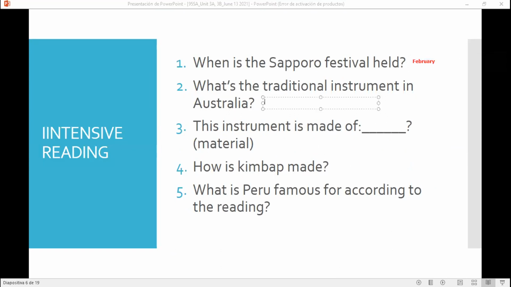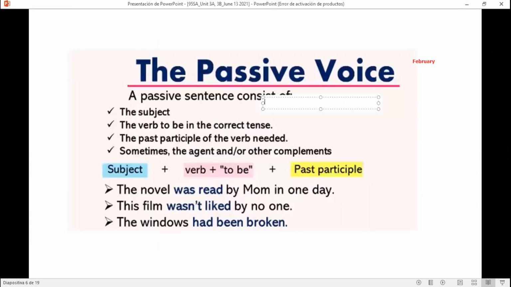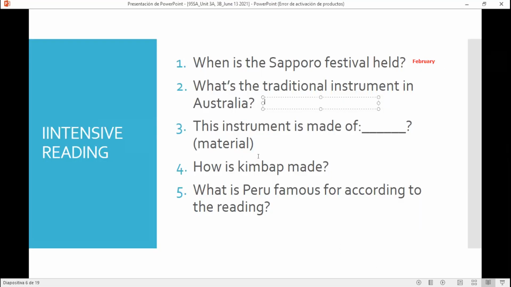Thank you. What's the traditional instrument in Australia? El didgeridoo, teacher. Didgeridoo, yes, so it's right. Yes, thank you.